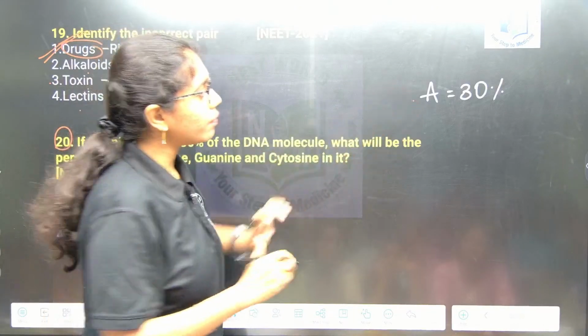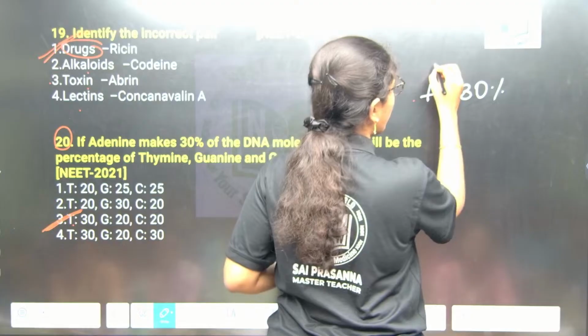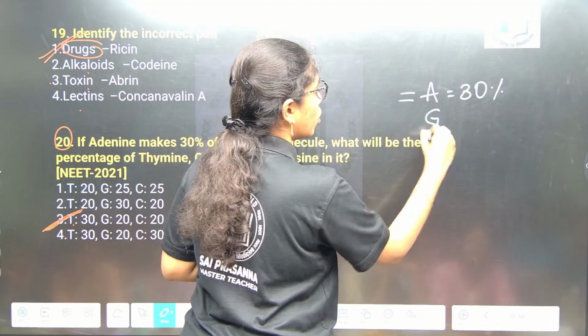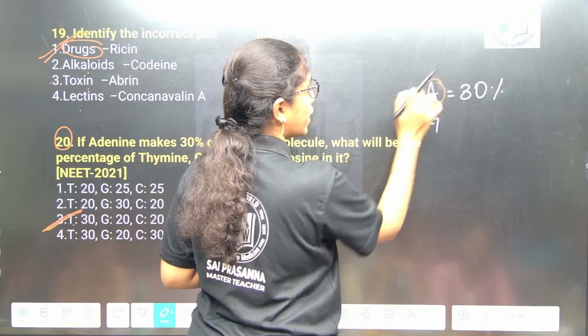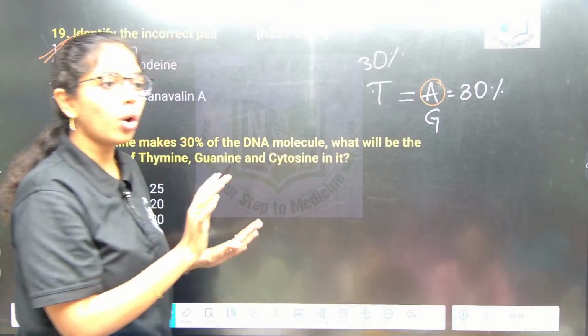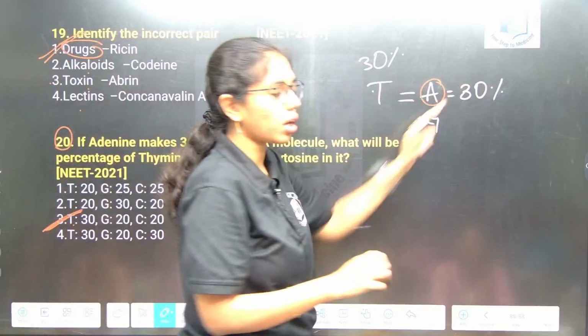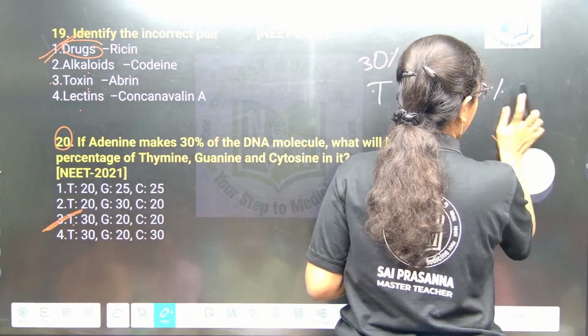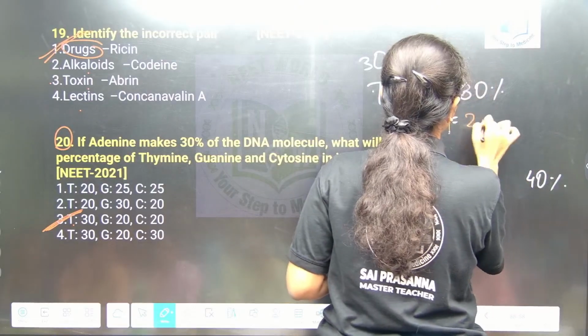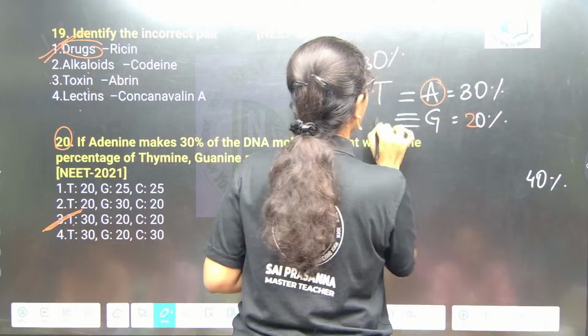The percentage of adenine will be equal to thymine, which is 30%. If you consider the whole as 100%, 60% is occupied, the rest is 40. So guanine 20% and cytosine 20%.